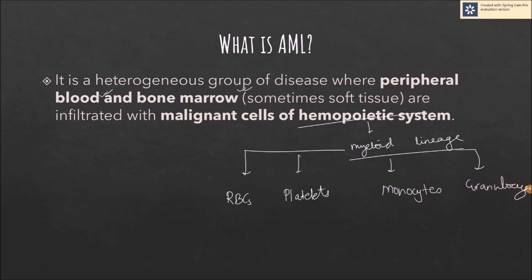So there will be inability to mature by these cells. So the immature precursors will be seen in circulation, and thereby RBC and platelet counts will be reduced.